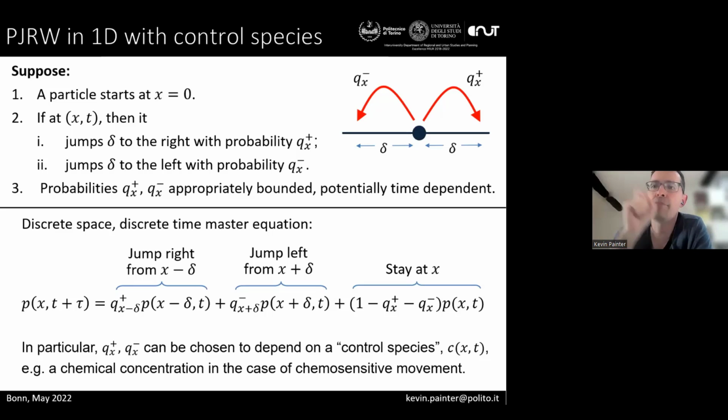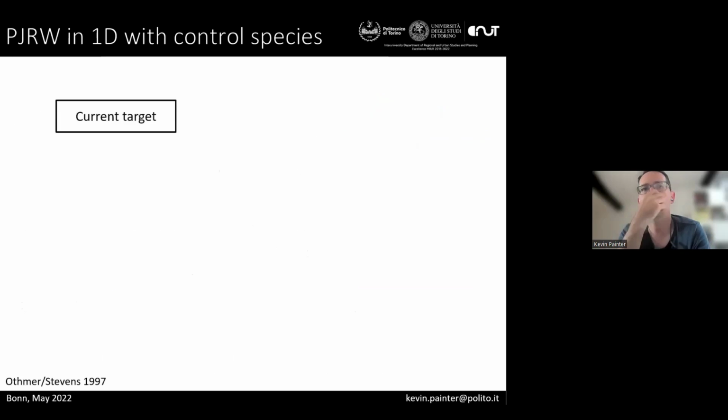We're making the probability of a movement depend on the local environment, some chemical species c, which is going to be a function of potentially x in space and time. Okay, so that's our extension to include a dependence on some control species.